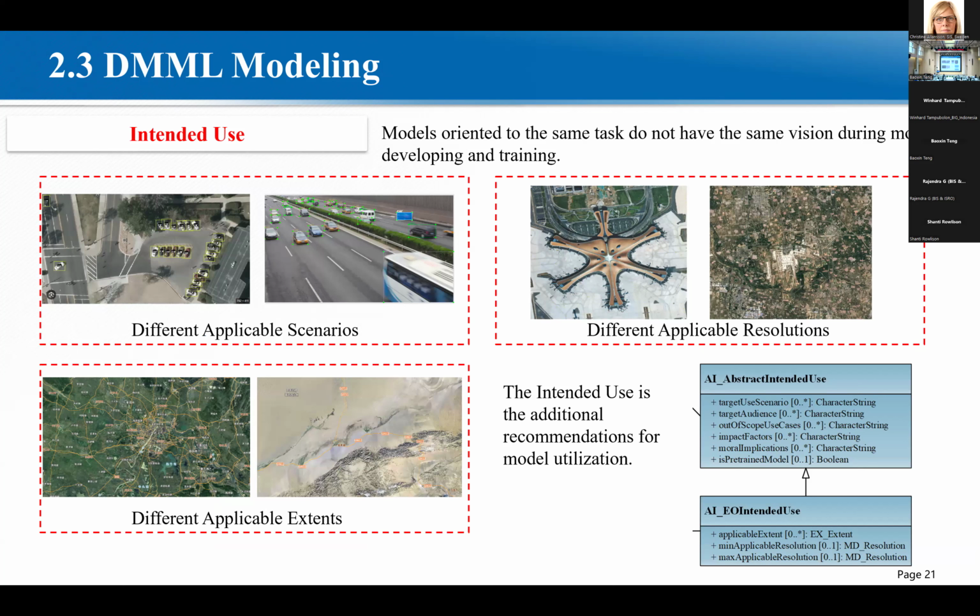We can also know that the model is applicable to a specific resolution and extent, for example whether the model can be used for a city, a river, or deserts. So this is intended use.